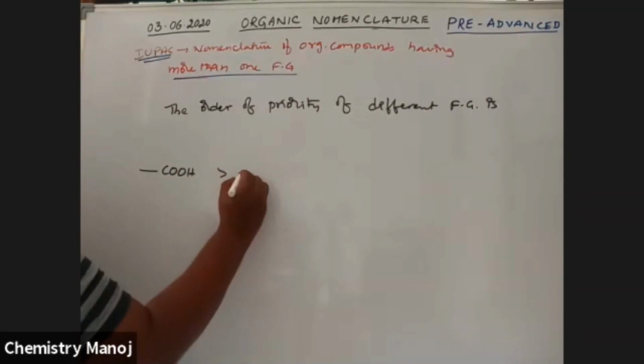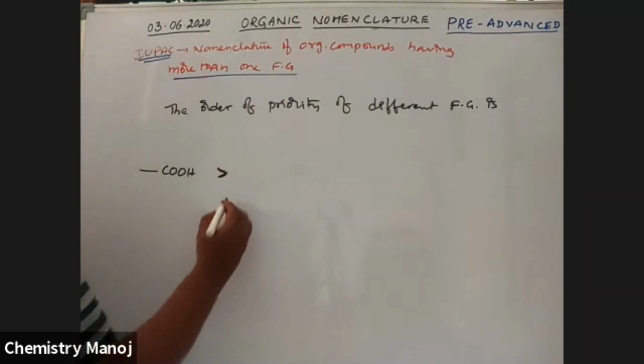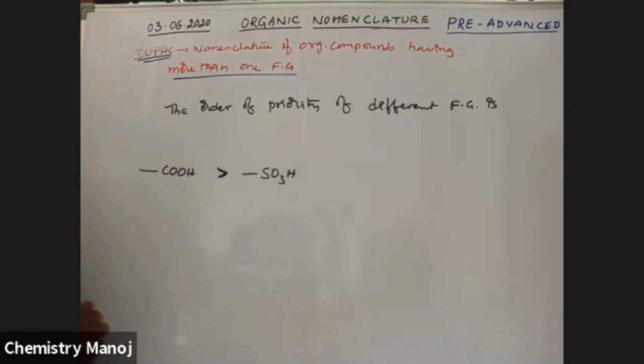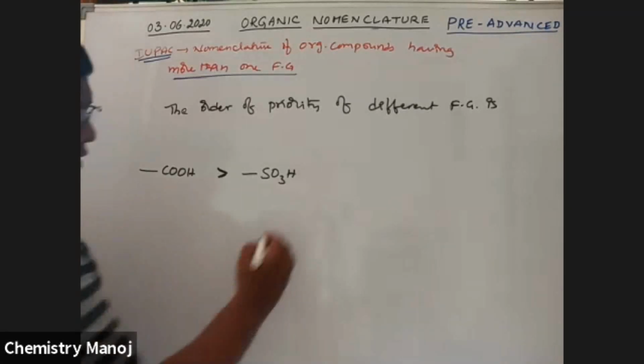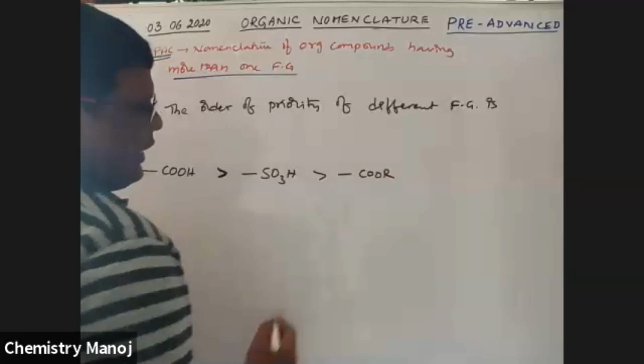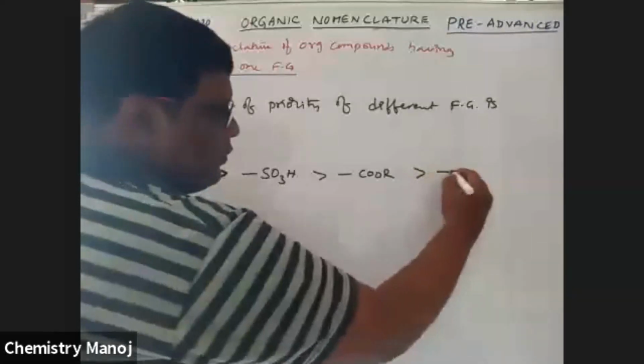COOH. Next one, sulfonic group SO3H, sulfonic acid. This is major than COOR, ester. It is major than COCl.